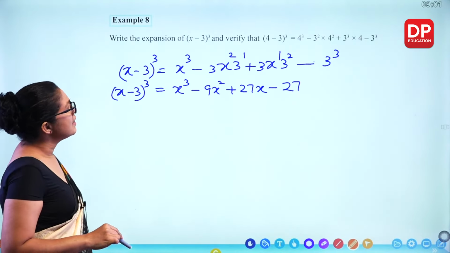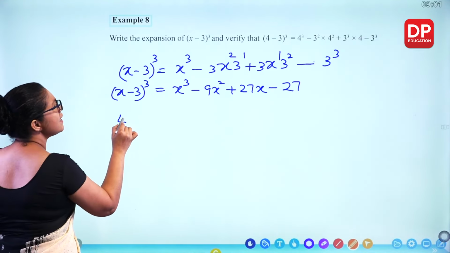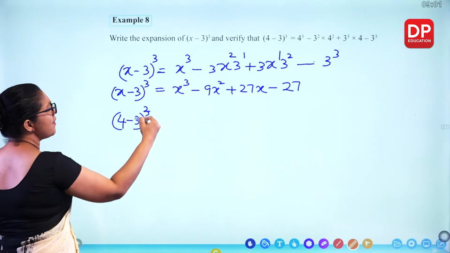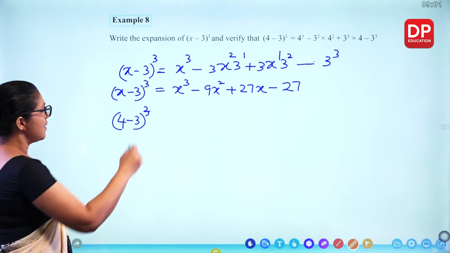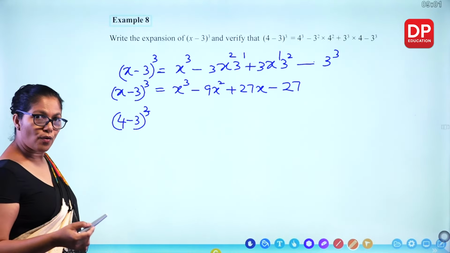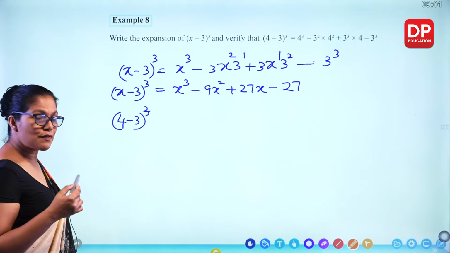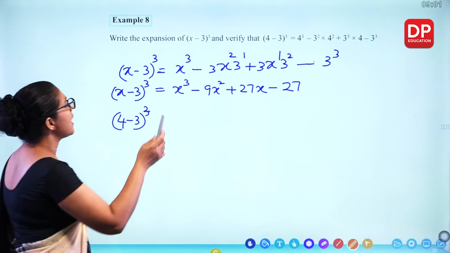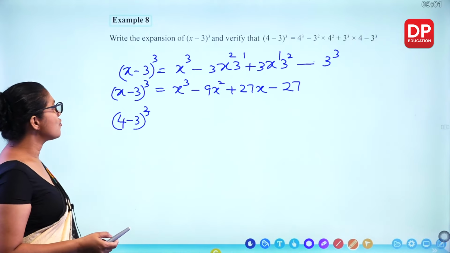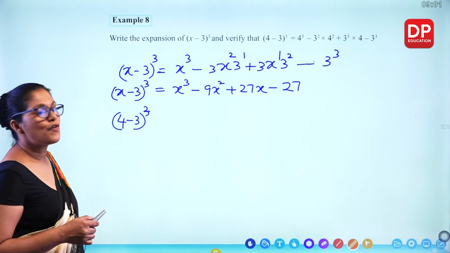Now what do they ask? They ask to verify that 4 minus 3 cube. When you compare these two, what happens? 3 is there. Instead of x, you get 4. So that means when you substitute x equals 4, you need to get the same answer on both sides. So we'll substitute x equals 4 now.